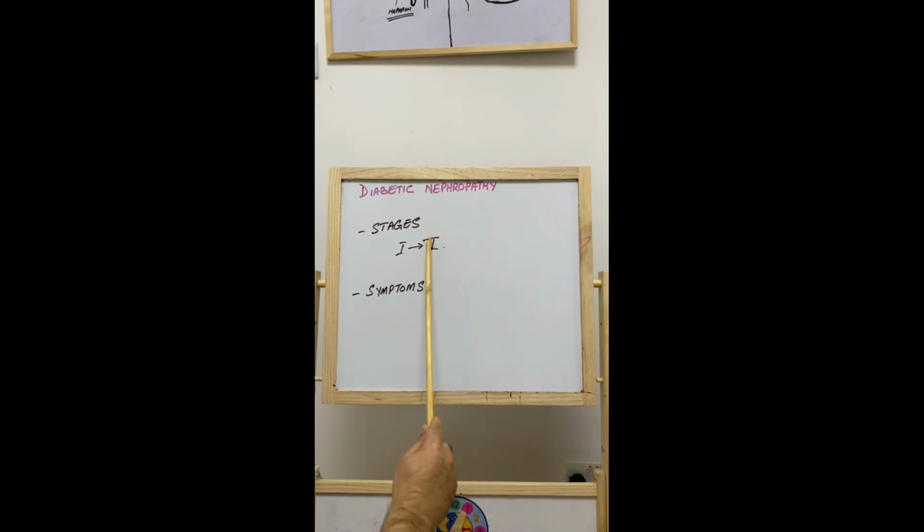Now, coming on to the symptoms, it is important to note that initially, when a patient develops diabetic nephropathy, they might not have any symptoms. However, as the condition progresses, they can have swollen ankles or feet. They can notice some blood in the urine, and they can feel excessively tired. They can feel short of breath as well, and also nausea or sickness.